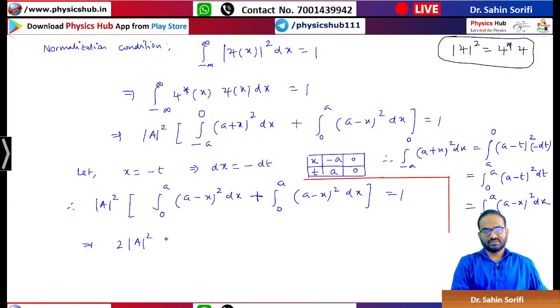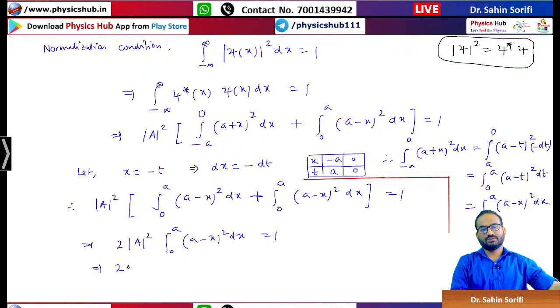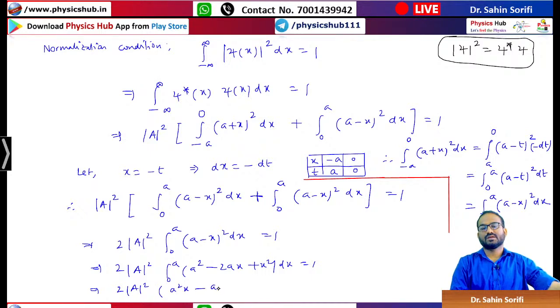So 2 times mod a square, 0 to a, (a minus x) square dx is equal to 1. 2 mod a square, a square minus 2ax plus x square dx. 2 a square, this is a square x minus a x square plus x cube by 3, 0 to a.